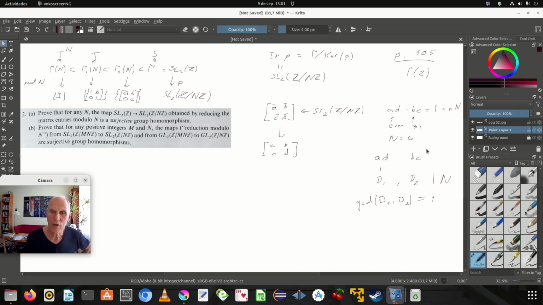Now that I think of it, it's not so simple. We need like two. Well, on the other hand, AD may have a divisor D1 and BC a divisor D2 of n, but they can have no common prime divisors. So the greatest common divisor of these two is unity.